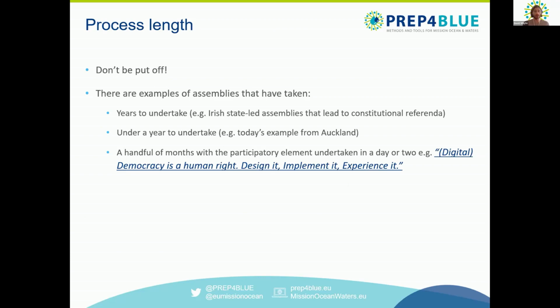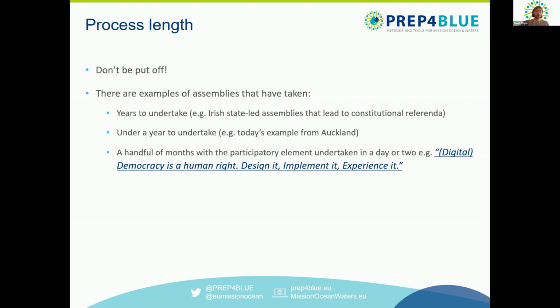So that was like today's example from Auckland, just about, although there was prior work done in pre-engagement workshops, I suppose, the year previous. And in preparing for this workshop, I found some European Commission websites that had reported on citizen assemblies that took place as part of European projects that took a handful of months, and the participatory element took place within a day or two.